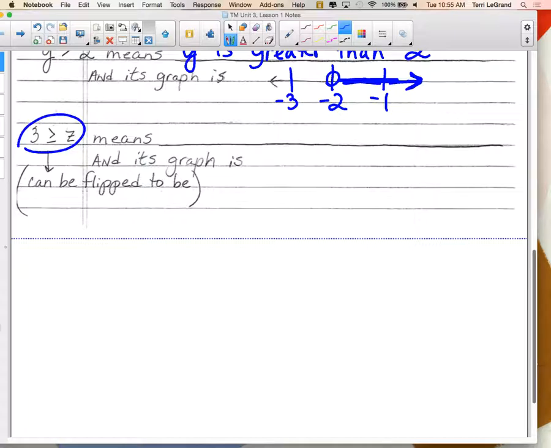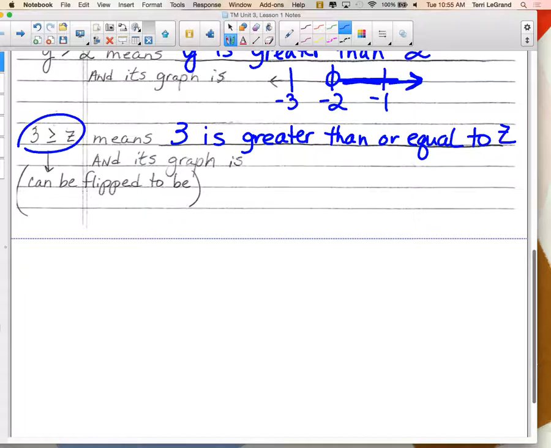What does that say? 3 is greater than or equal to z. So instead of starting out with the variable, it starts out with the constant, the number part. So 3 is greater than or equal to z.